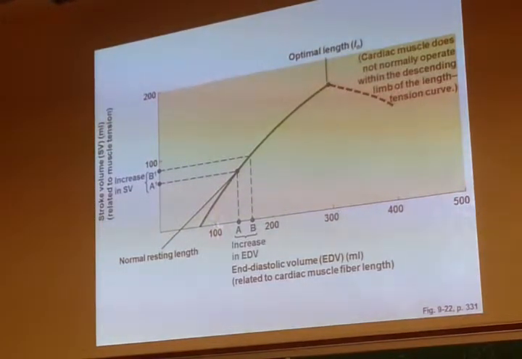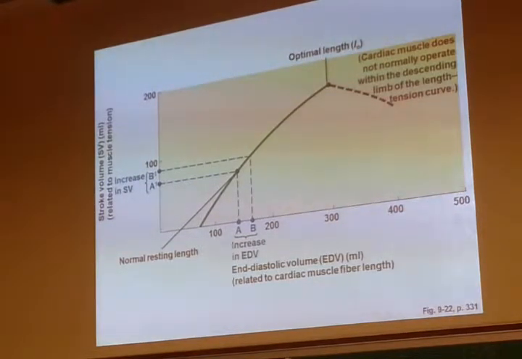We have 100, 200, 300, 400, 500. We see up here the dot, it says optimal length, and optimal length is referring to the muscle fiber length. When you have the optimum overlap of actin and myosin, you have the greatest number of cross bridges that can be formed.